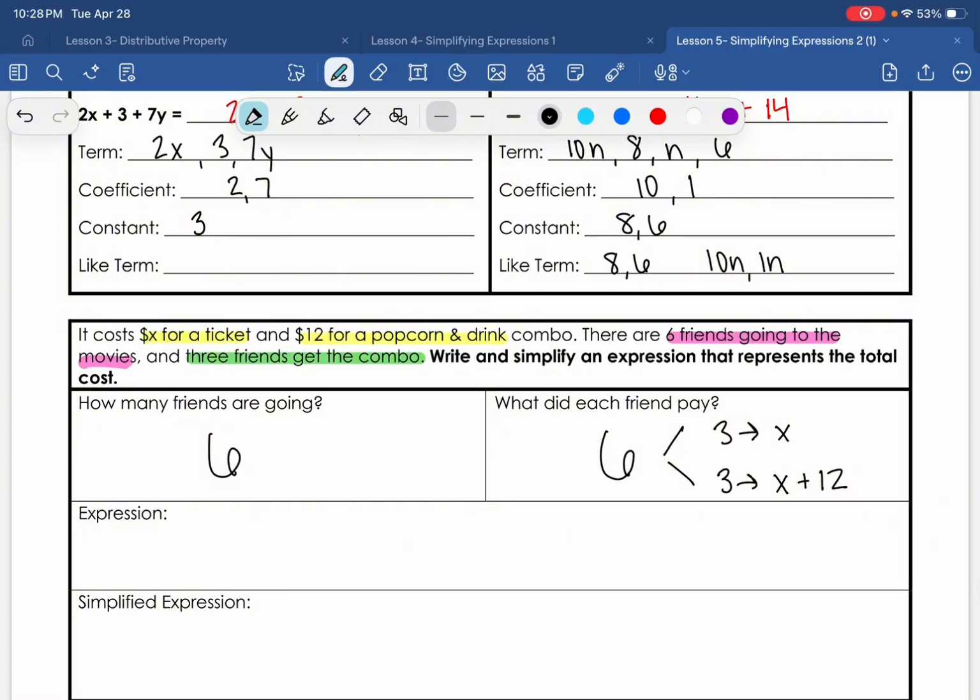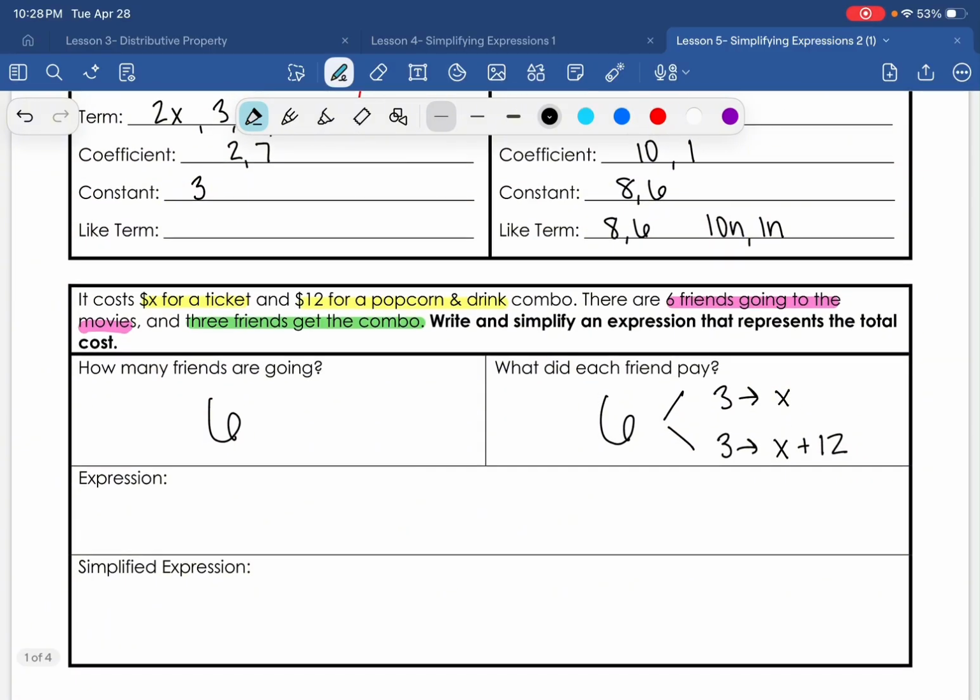Okay, so how could we write this as an expression, right? So if I know I'm going to have 6 friends going, and 3 of them bought a ticket, plus the other 3 friends got a ticket, and they paid $12 for the combo. So I need to simplify this.